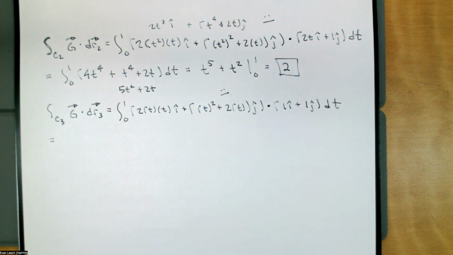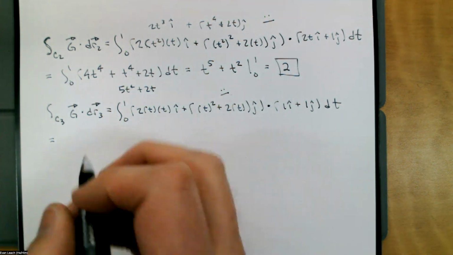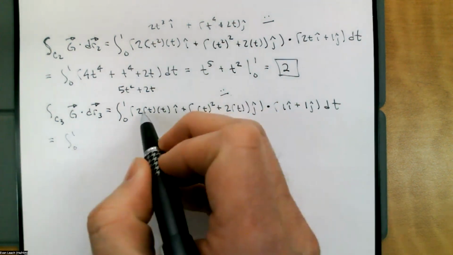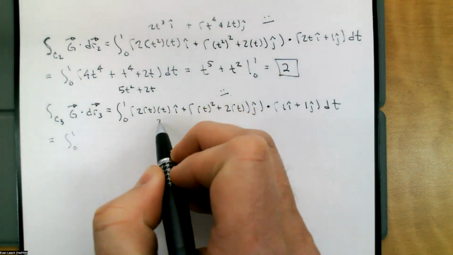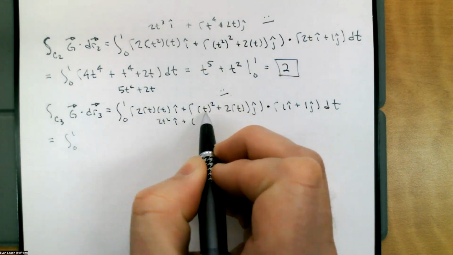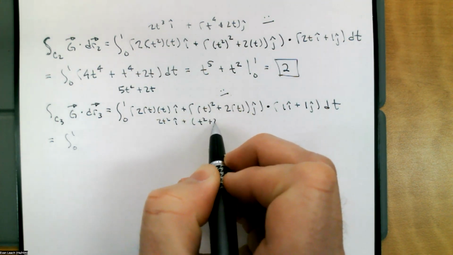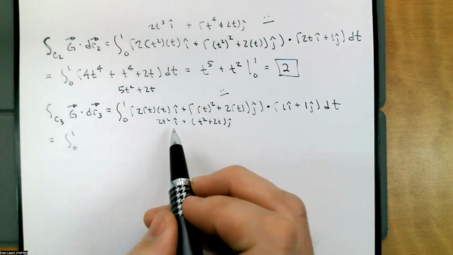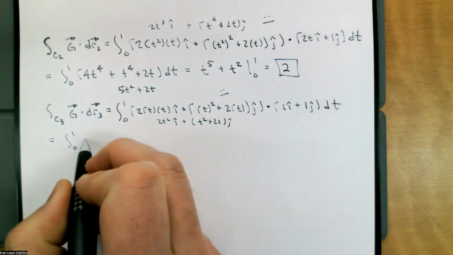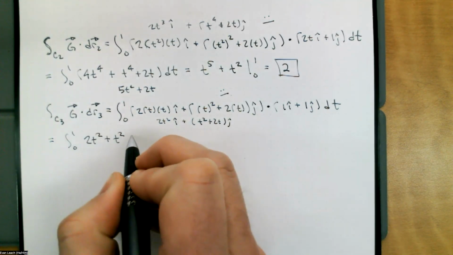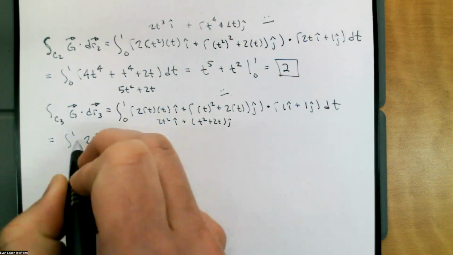Let's pick this second one. So we'll integrate from 0 to 1. Let's clean this up. We've got 2t squared i and t squared plus 2t times j. Now we find the dot product and it's multiplying both by 1. So we just get 2t squared plus a t squared plus a 2t dt.